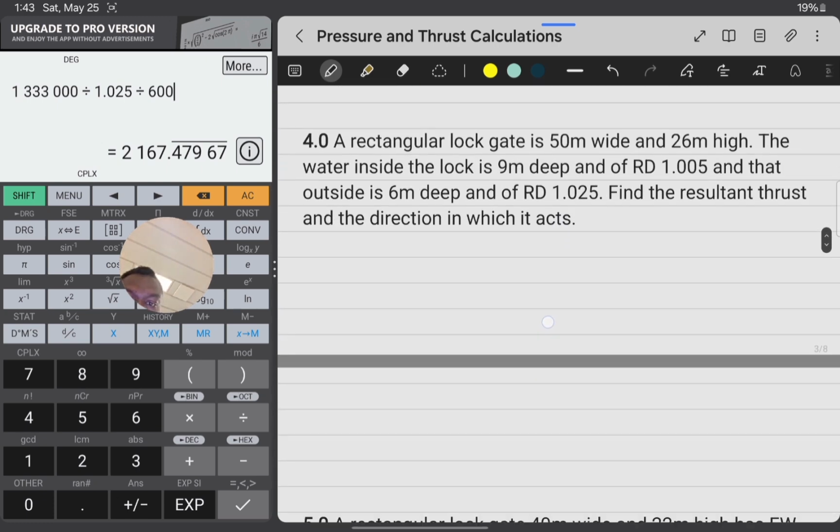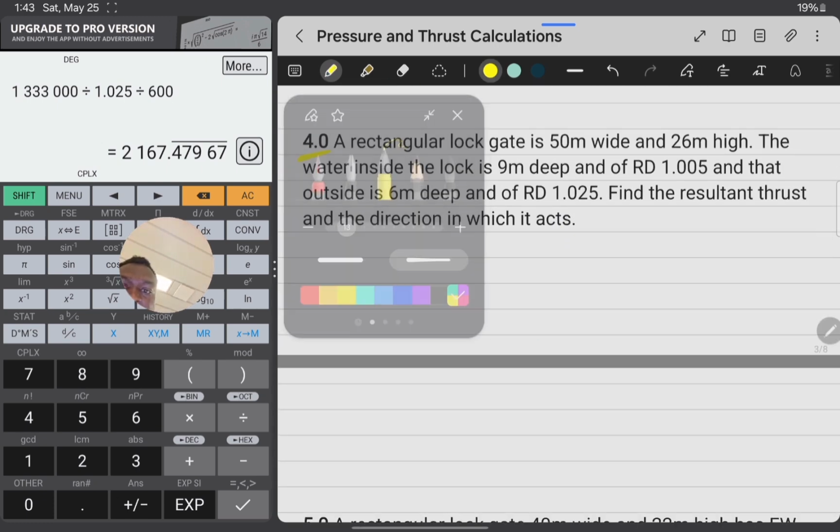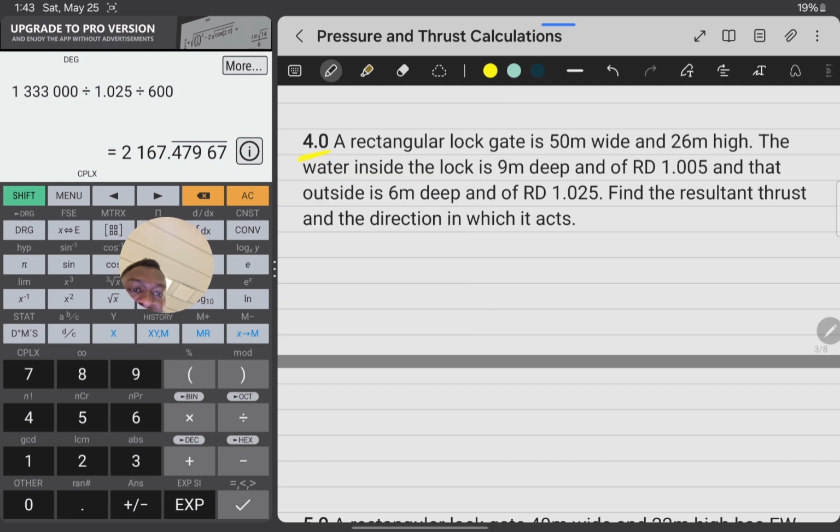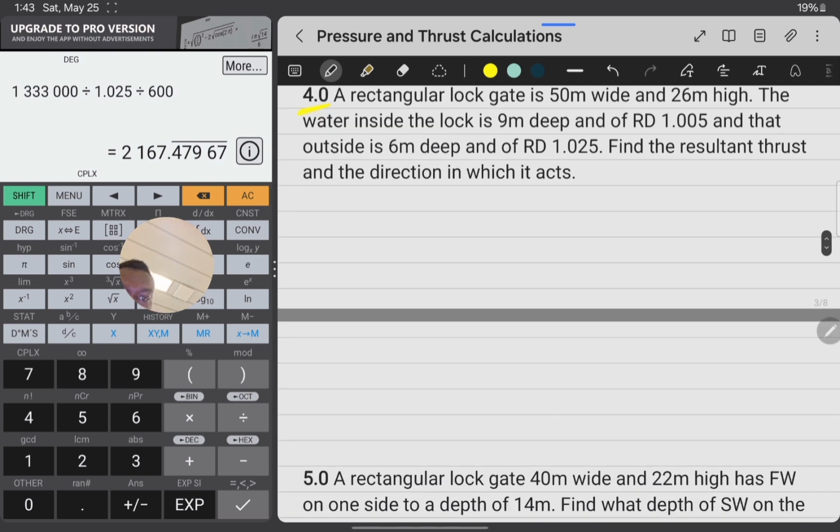A rectangular lock, number 4, the fourth question now. A rectangular lock gate, 50 meters wide and 26 meters high.